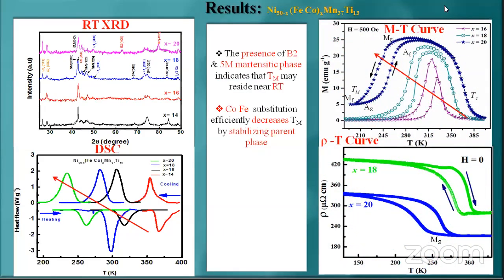In this graph, TM gradually shifted, the ferromagnetic region is broader, and TC gradually shifted to high temperature.